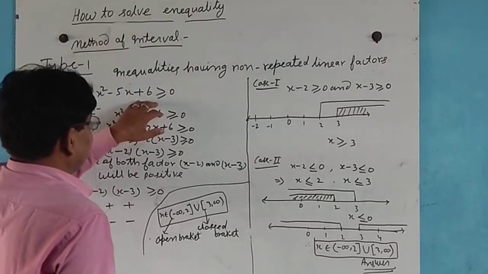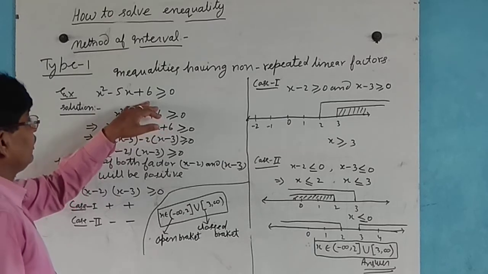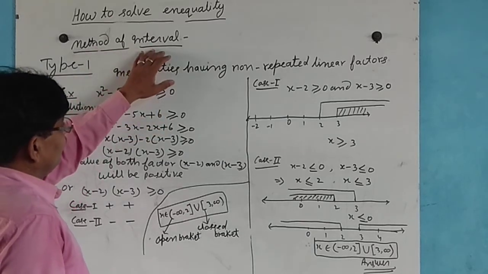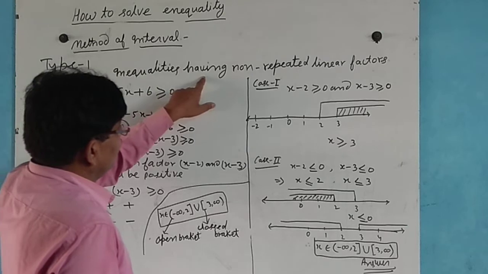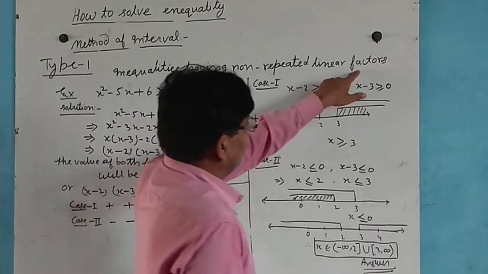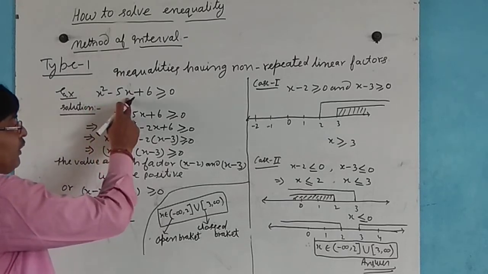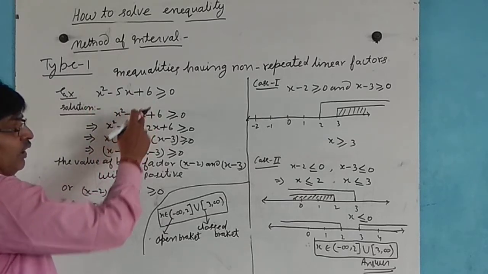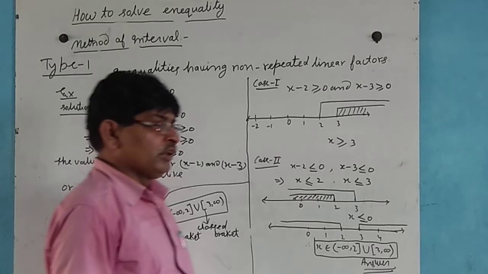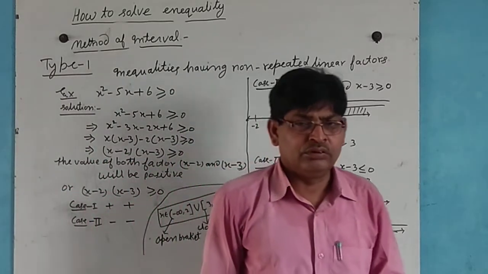Such types of inequalities are given. Method of intervals: inequalities having non-repeating linear factors. Non-repeating: x square minus 5x plus 6 greater than or equal to 0. It is non-repeating.